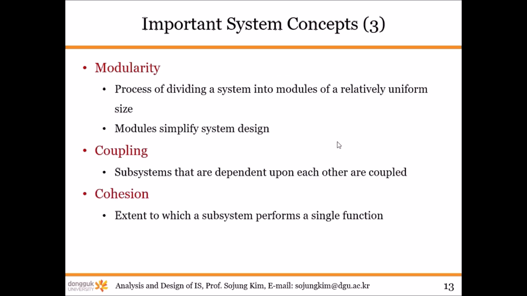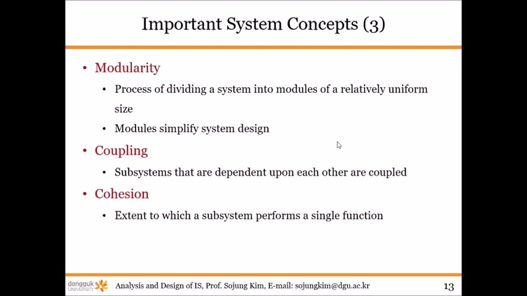All right, and let's talk about the other concepts as well: modularity, coupling, cohesion. Modularity is the process of dividing the system into modules. It's quite similar to, actually correlated to, the concept of decomposition. When you have a module of a certain part or certain machine, it's really easy to manage.